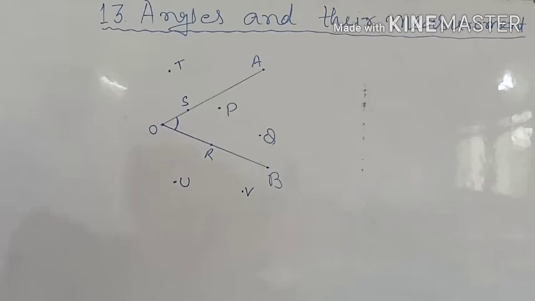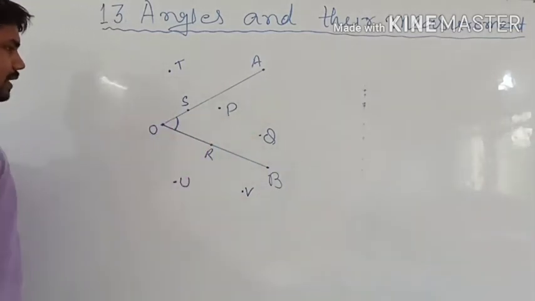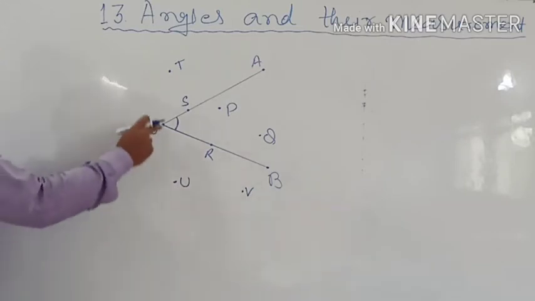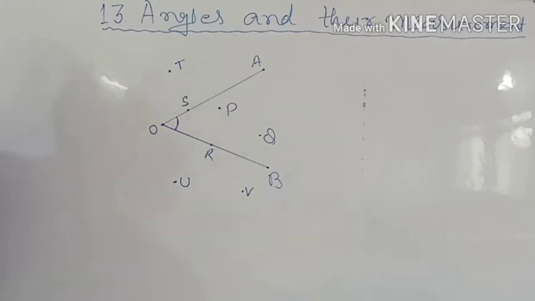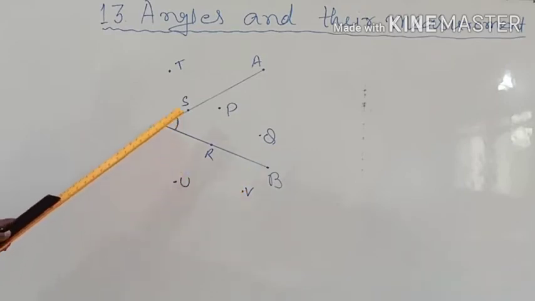The points which are inside the angle are called the interior of the angle. The points which lie outside the angle are called the exterior of the angle.